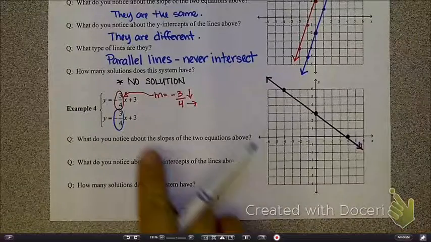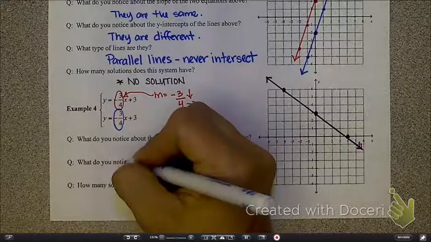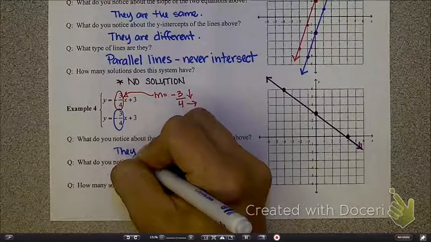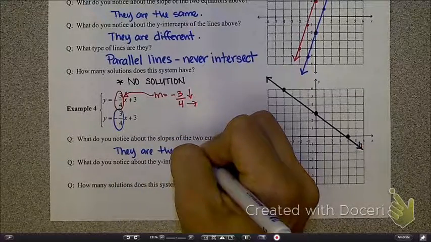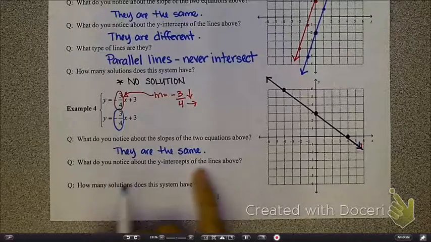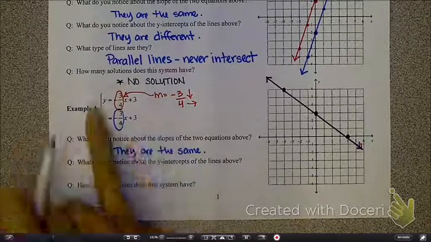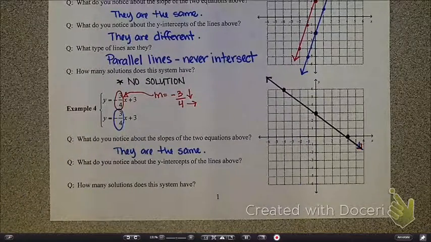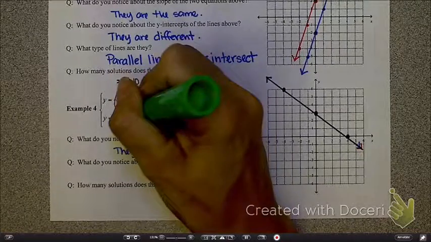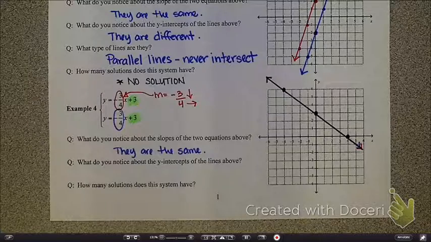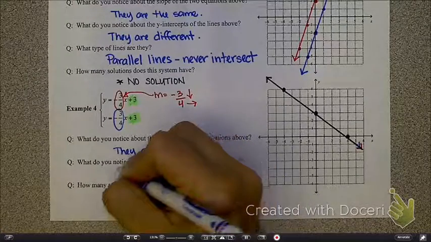Well, the slopes right here, they are the same, right? Now, what do we notice about the y-intercepts? Well, in this particular one, okay, let's take a look at what the y-intercepts were. It was this number and this number. What do you guys notice about those? Yeah, they're the same.